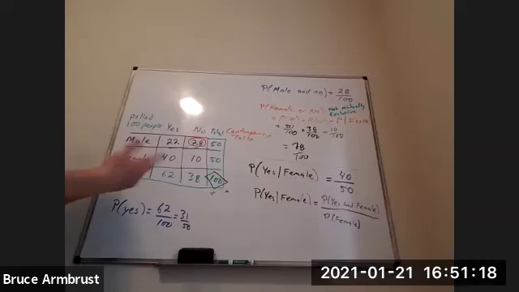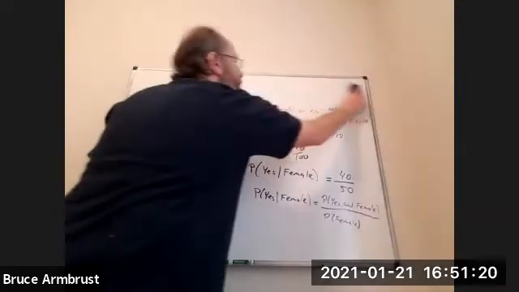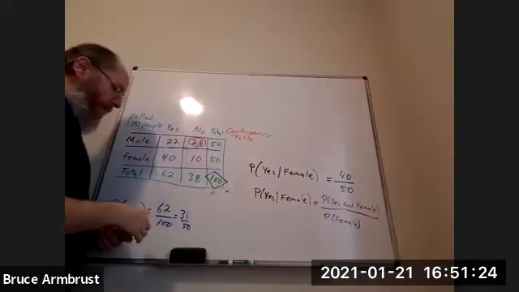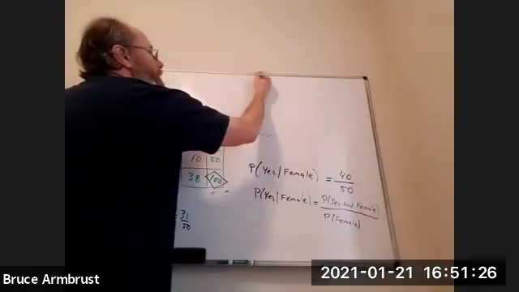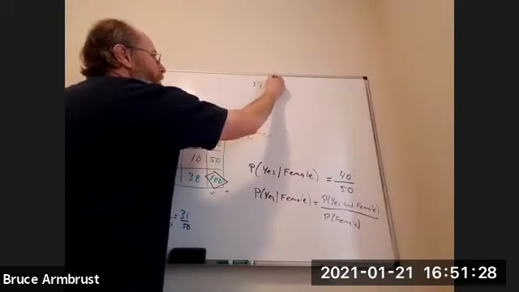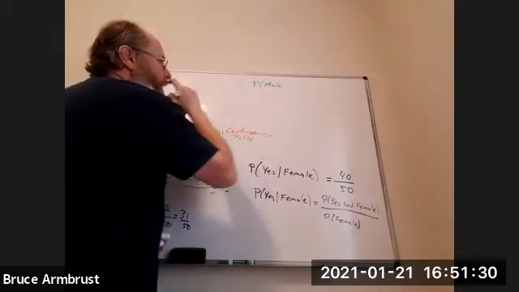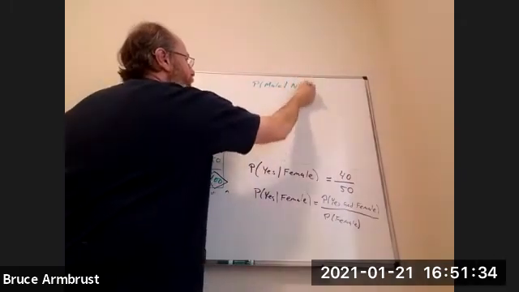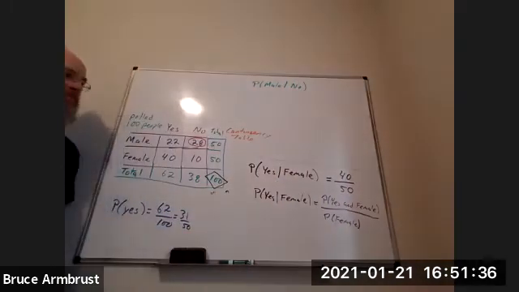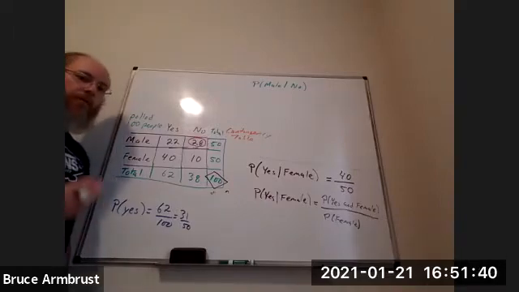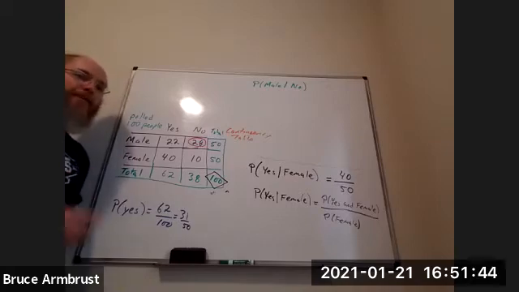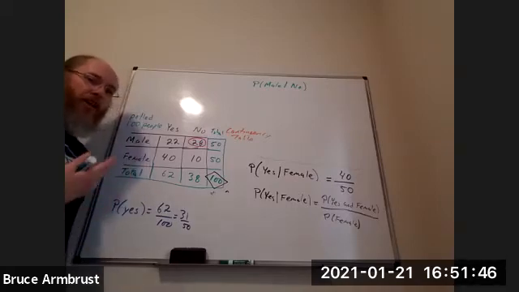So let's do one more. What's the probability that someone is male given that they say no? Okay, so what's the probability that someone is male given the fact we know that they said no?